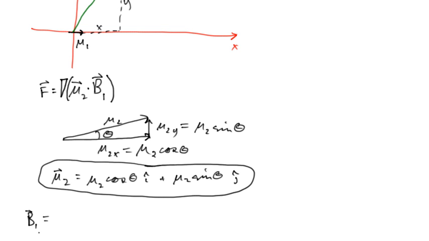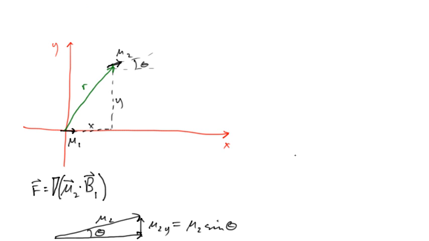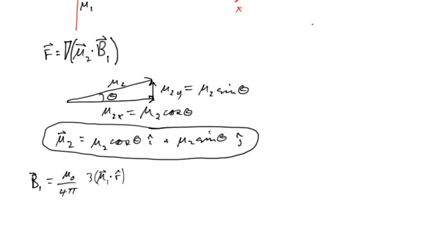The formula for that is given on your formula sheet, where we have mu0, the universal constant, divided by 4 pi times 3 times the magnetic dipole moment of the particle that's causing the magnetic field dotted into r hat, a unit vector in the same direction as r, that green R that we've got up there, this vector R. And then times r hat minus mu1 itself, the magnetic dipole moment of particle number 1, all divided by R cubed.